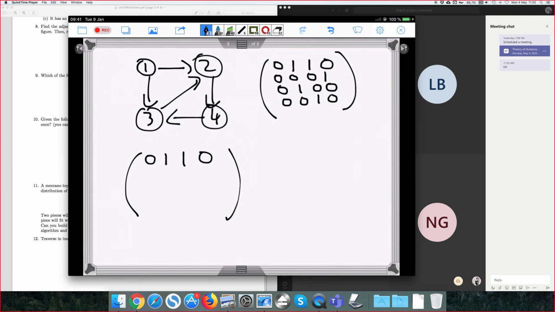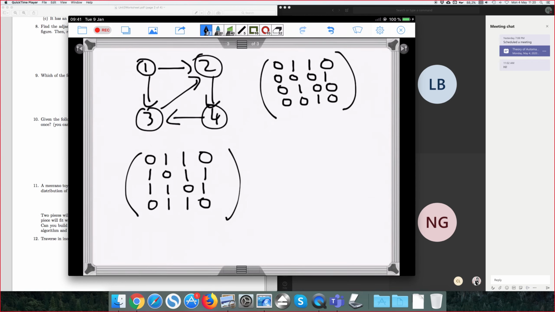So from 1 to 2 and to 3 and to 4, from 3 to 1, to 2 and to 4, from 4 to 2 and to 3.